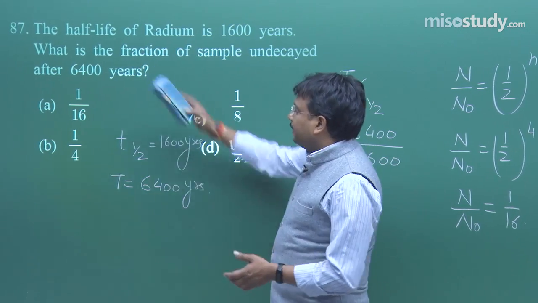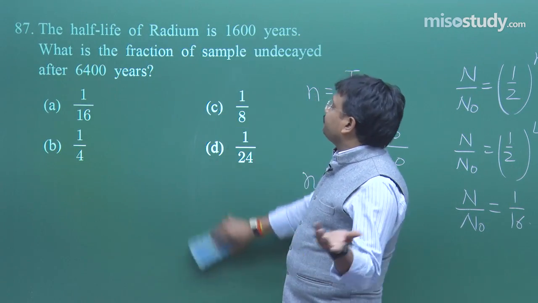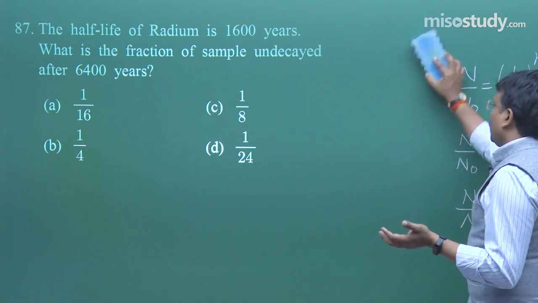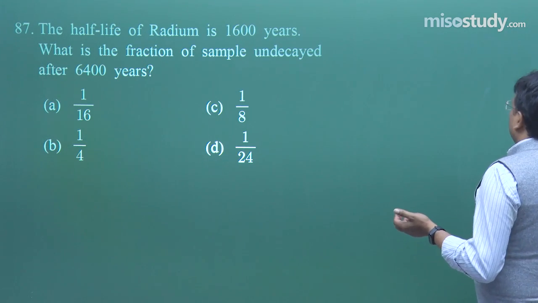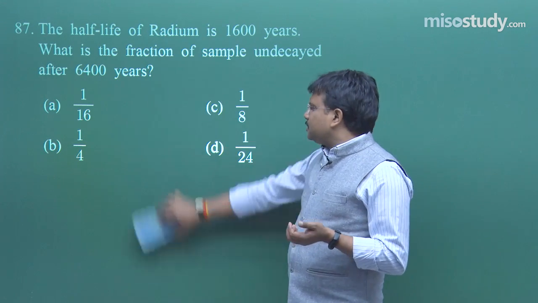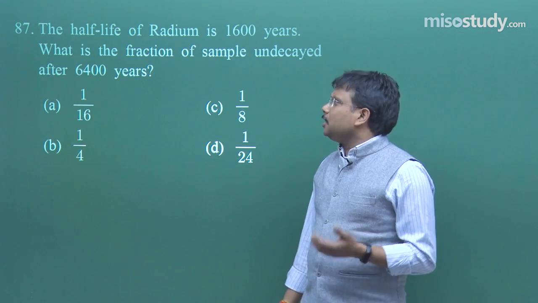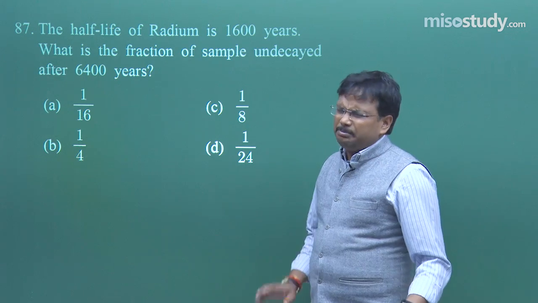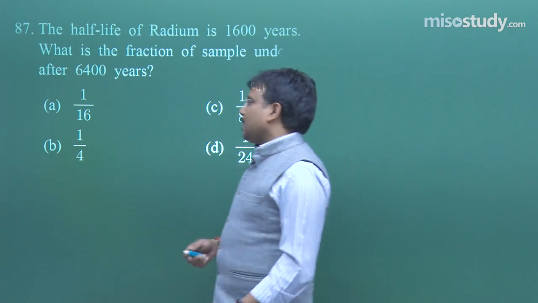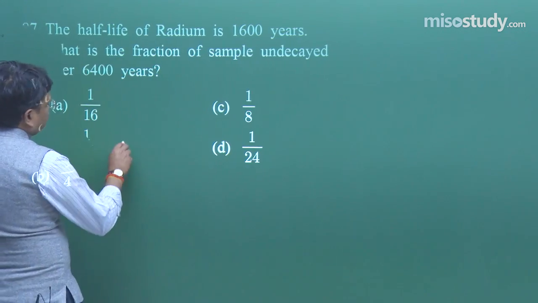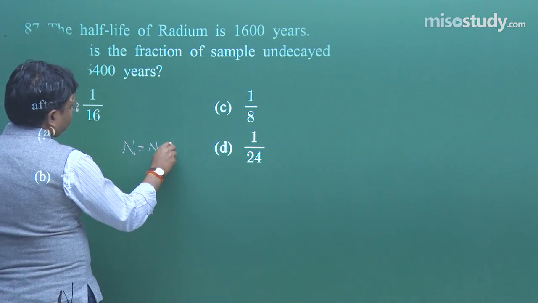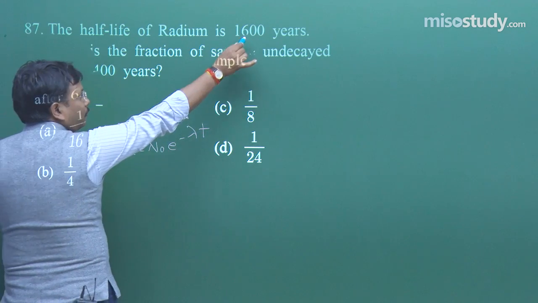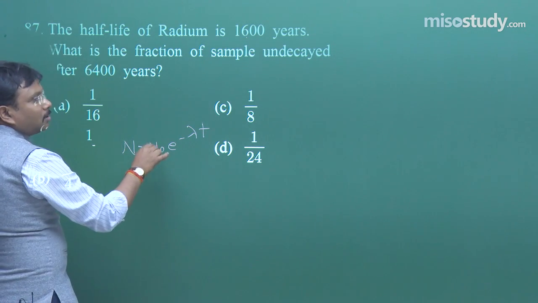Well, there is a possibility that a student may start this problem by using a method like N equal to N naught e to the power minus lambda t. I will suggest that you do not try to follow that long way, because after this you will have to find out from here N upon N naught, take logs and so on.